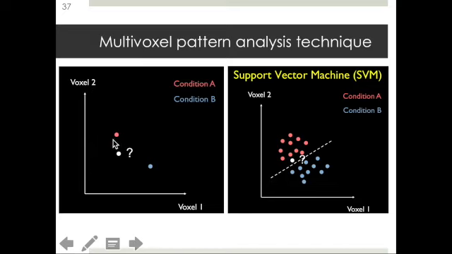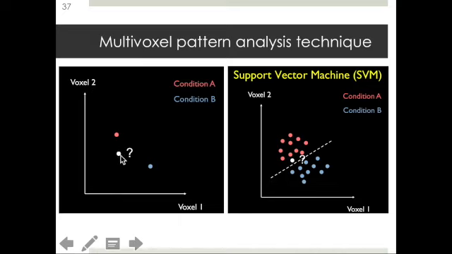If you have a little bit of data, for instance two voxels, you can see how when the brain with its two voxels is responding to condition A, you tend to have lower activity in voxel 1 and more activity in voxel 2. But in contrast, when exposed to condition B, you tend to have more activity in voxel 1 and less activity in voxel 2.